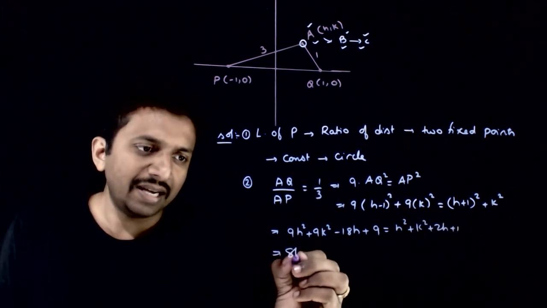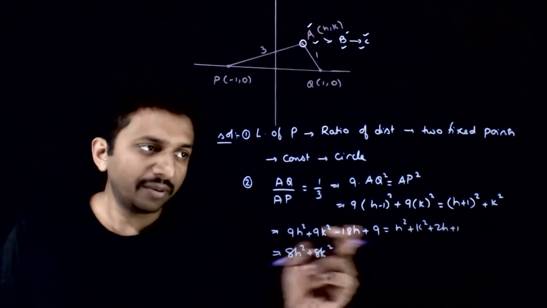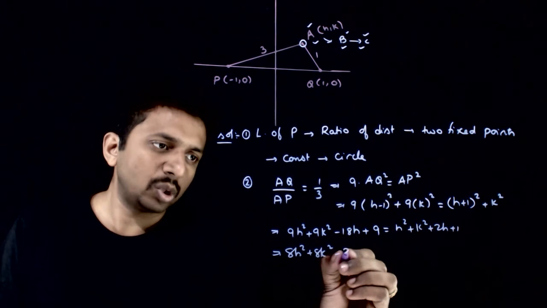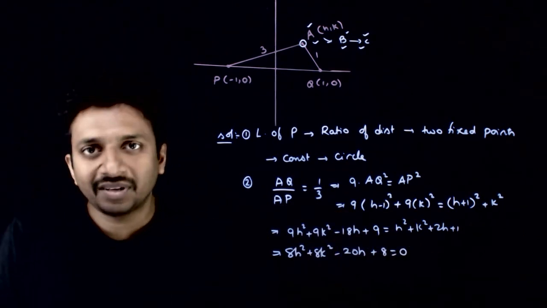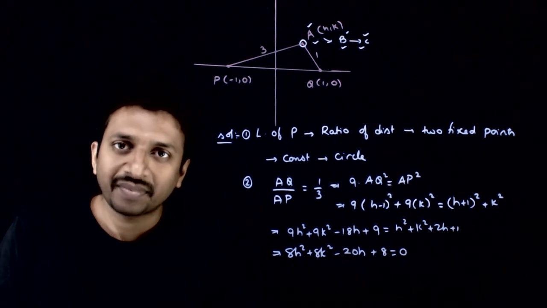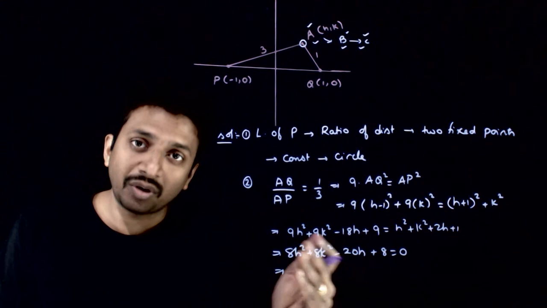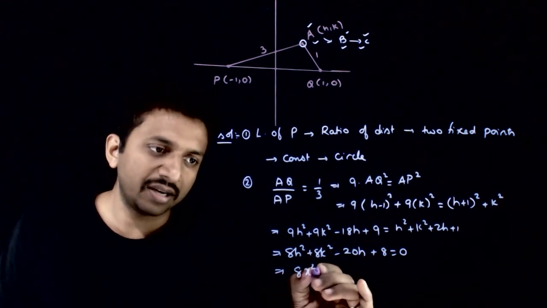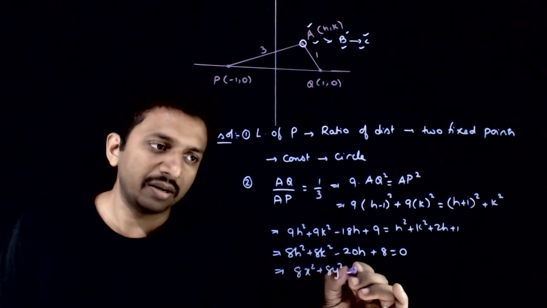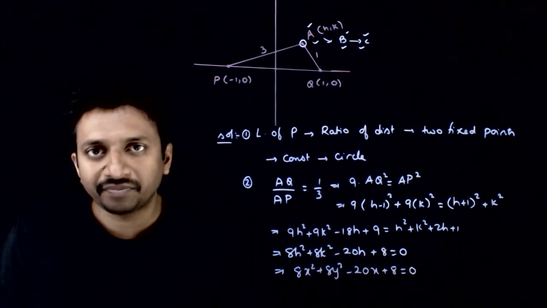This implies 8h square plus 8k square minus 20h plus 8 is equal to 0. So this will be the locus, right? If I write the actual locus equation, I'll replace h with x and k with y. It is 8x square plus 8y square minus 20x plus 8 is equal to 0.